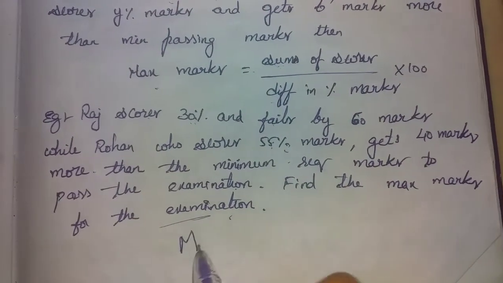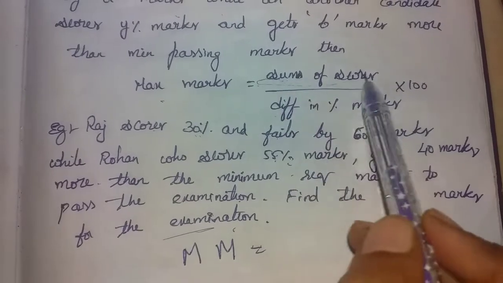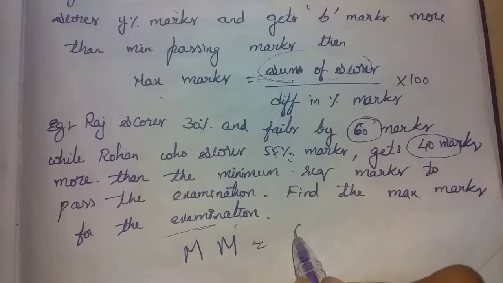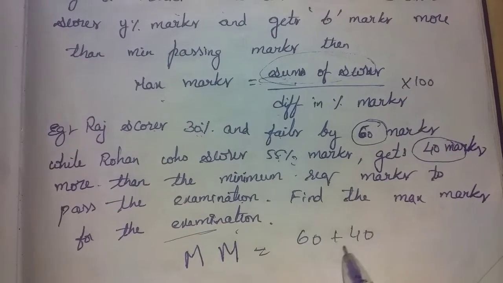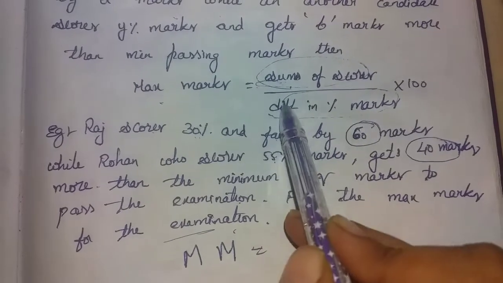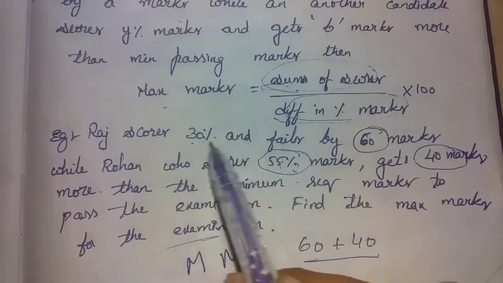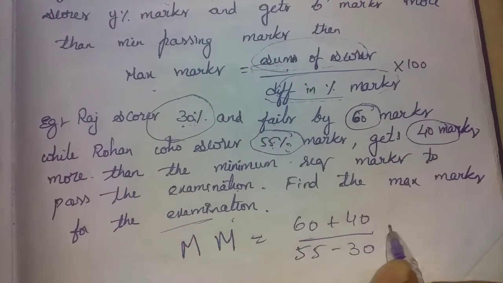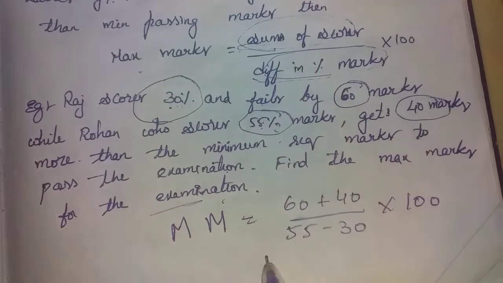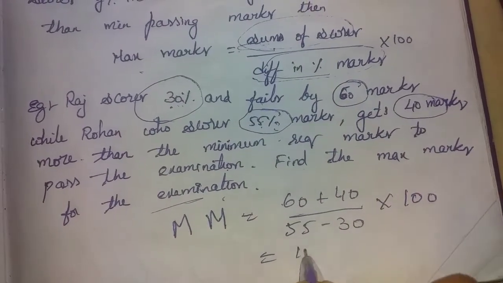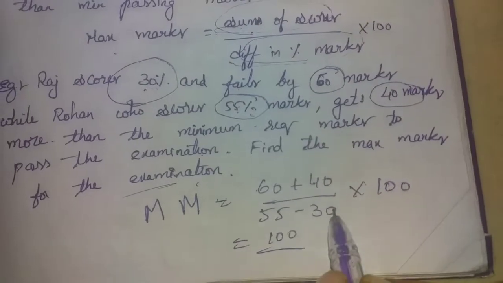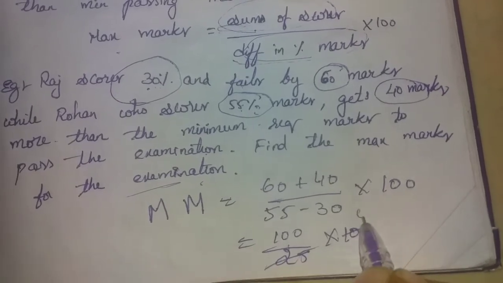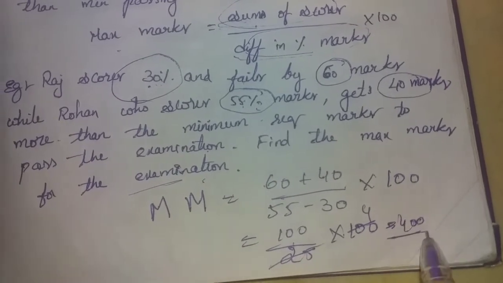Maximum marks is equal to sum of scores, which means 60 plus 40, by difference in percent marks, which means 55% minus 30%, into 100. 6 plus 4 is 10, 55 minus 30 means 25, into 100. 25 4s are 100. 400 is the answer.